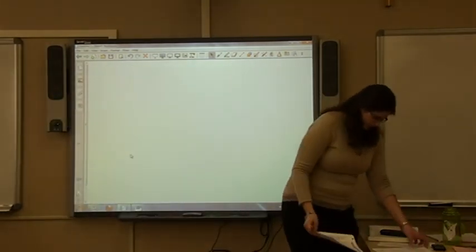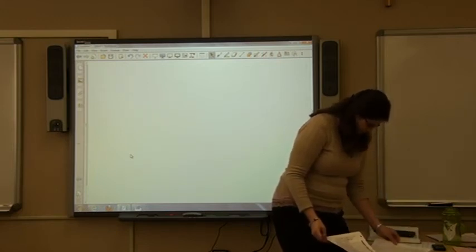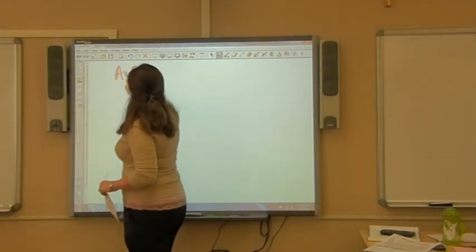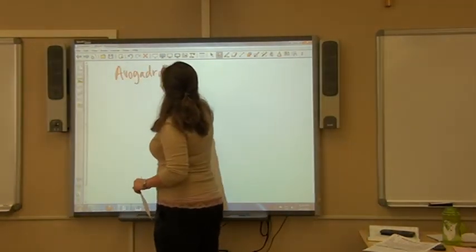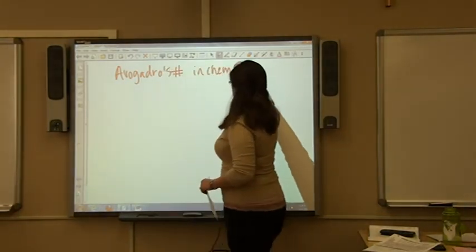As far as background goes, let's take a look at Avogadro's number in chemical formulas.